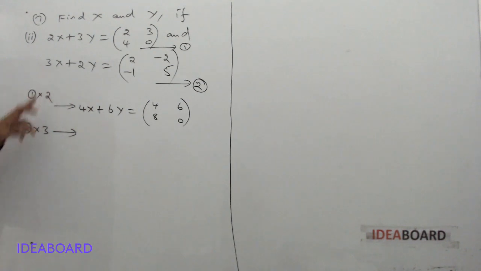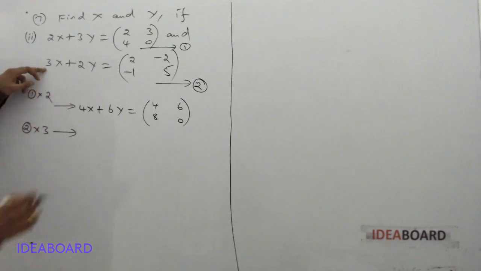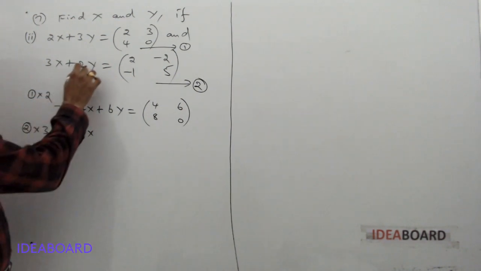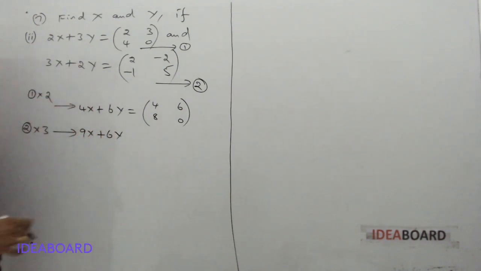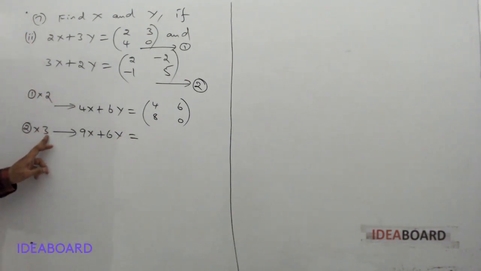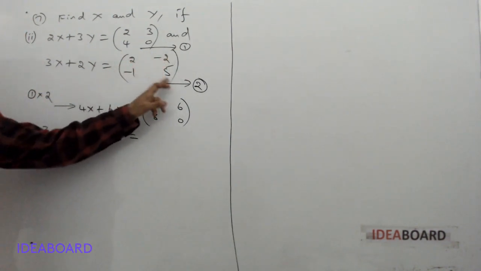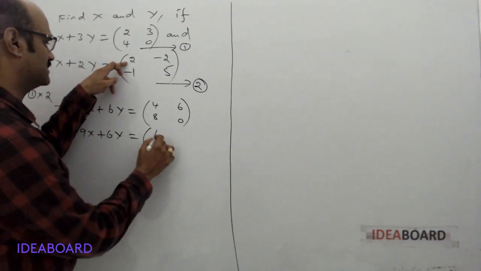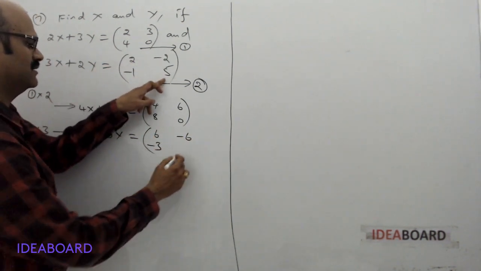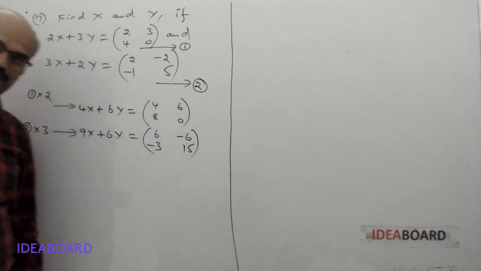Then we get 3 into 3 equal to 9x plus 3 into 2 equal to 6y equal to multiply 3 with all the elements of this matrix. 3 into 2, 6, 3 into minus 2, minus 6, minus 3, 3 into 5, 15.